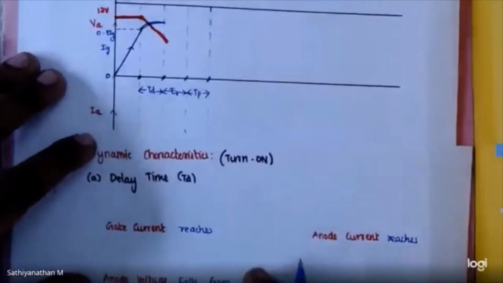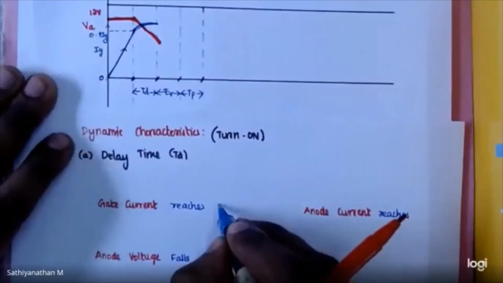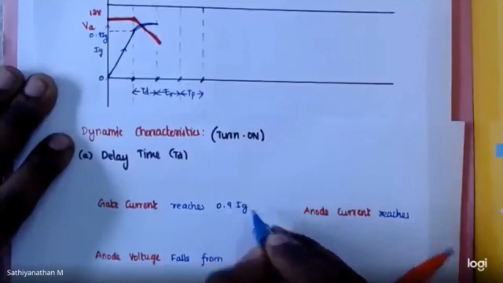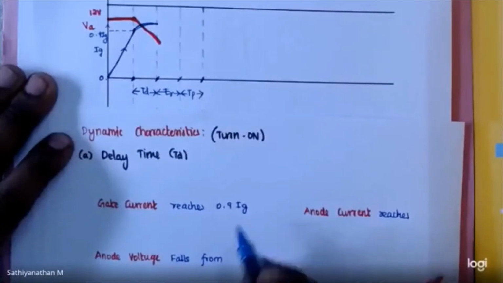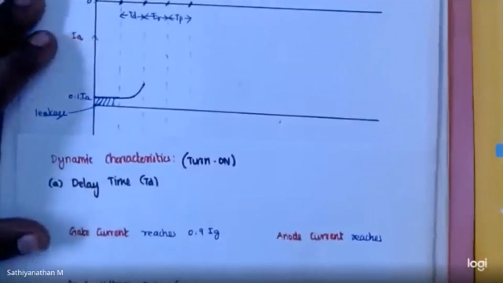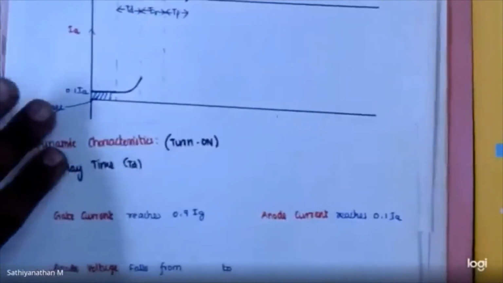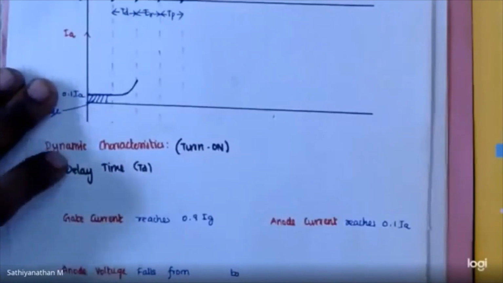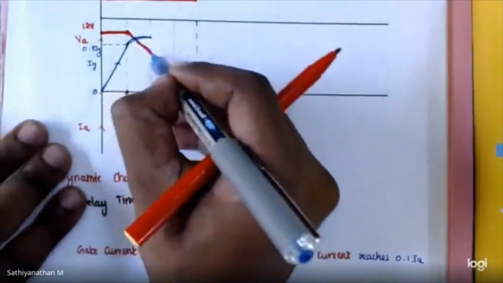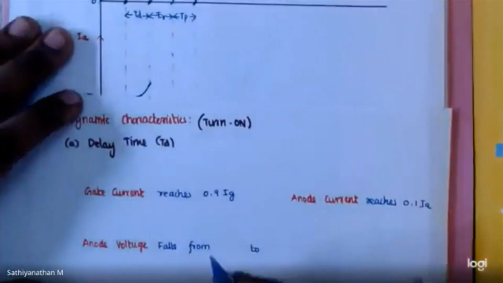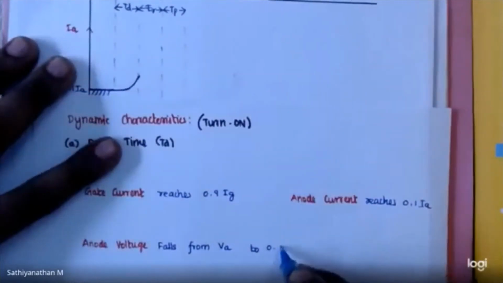So during a delay time, your gate current reaches almost 90%. So I am defining it as 0.9 times of your gate current. And your anode current reaches 0.1, that is 10% of its value, right? And your anode voltage starts to decrease. It falls from the maximum value to 90%.